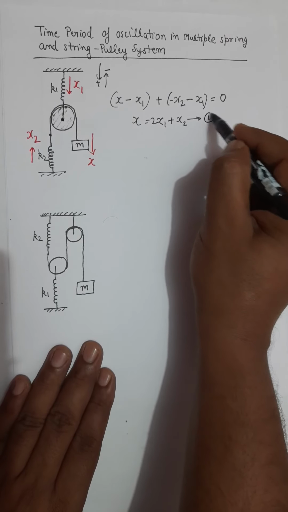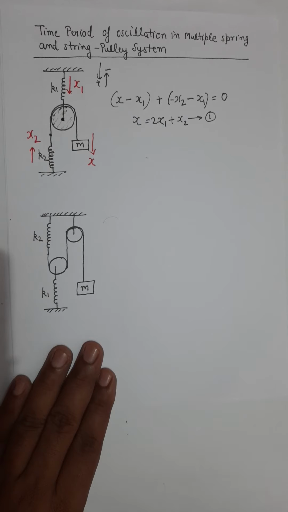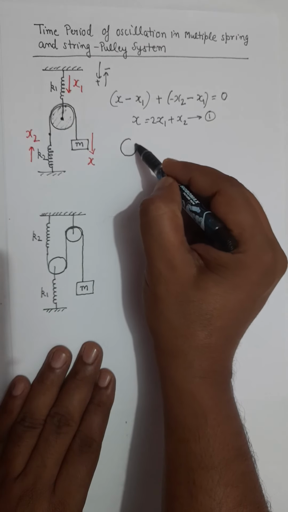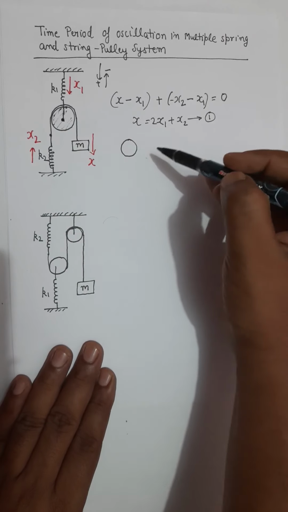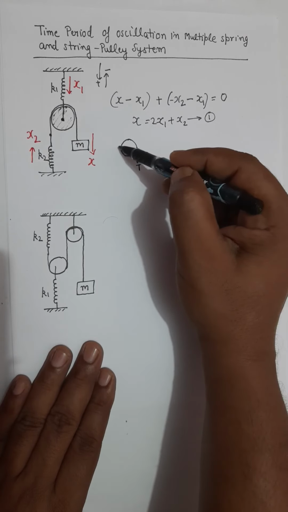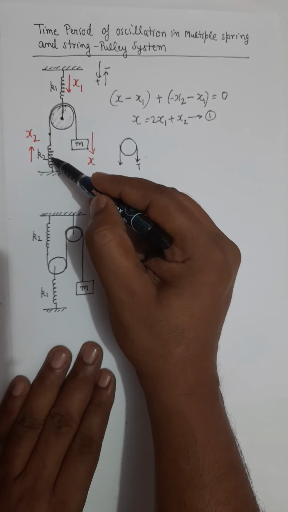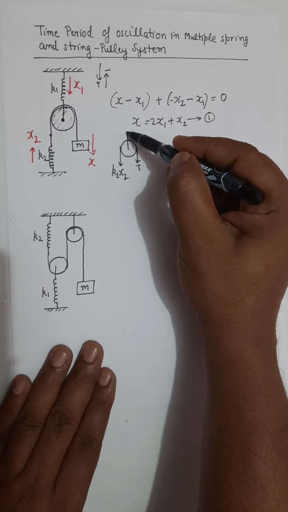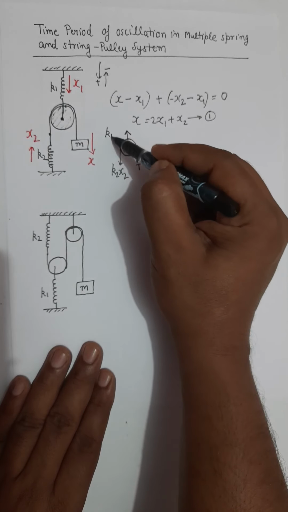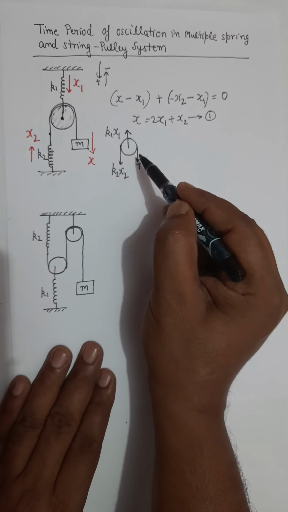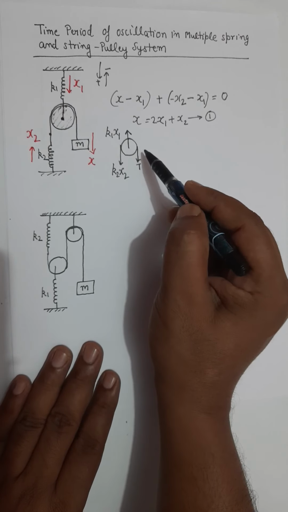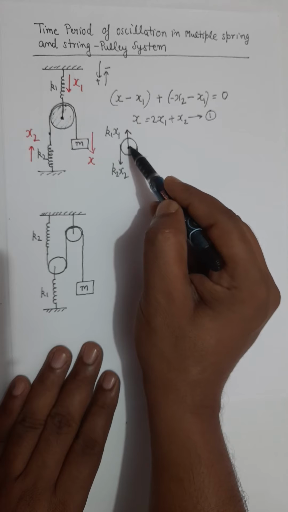That's equation 1. Another equation we can get from the characteristic of an ideal pulley. If you draw the free body diagram for this pulley, it will have tension T on the right hand side, a force because of this spring which is K2x2, and a force by the spring attached to the center of this pulley which is K1x1. An ideal pulley is massless, it has no moment of inertia, and so the torque about the center of the pulley must be 0.